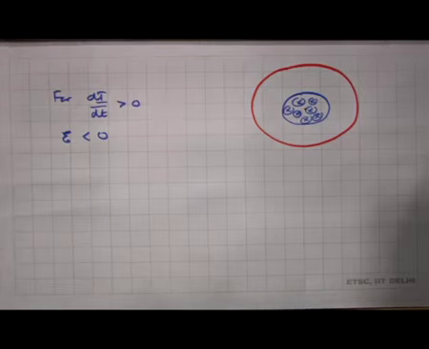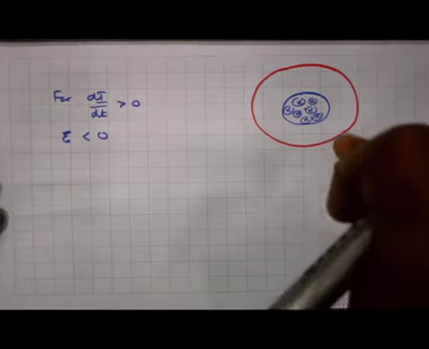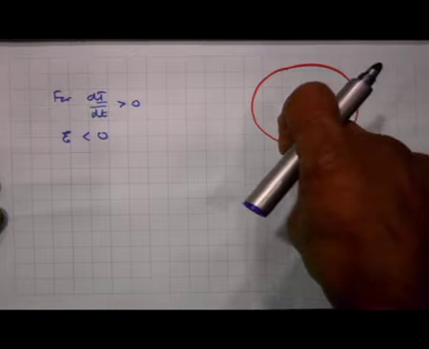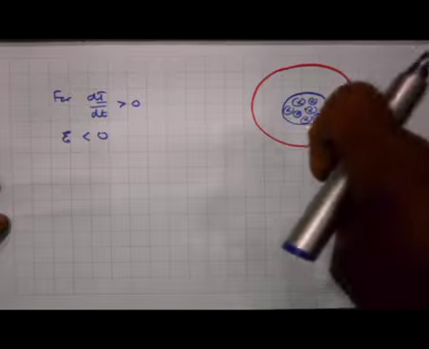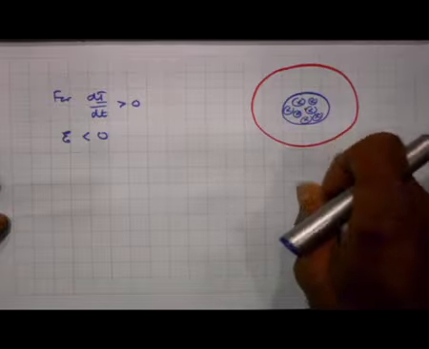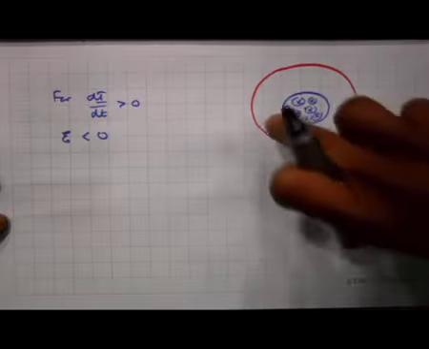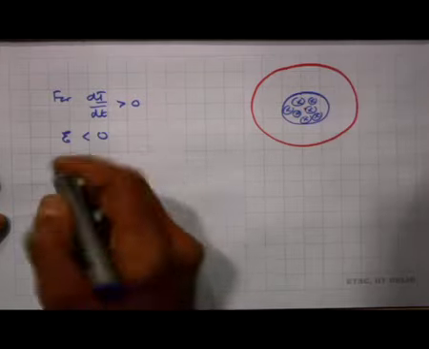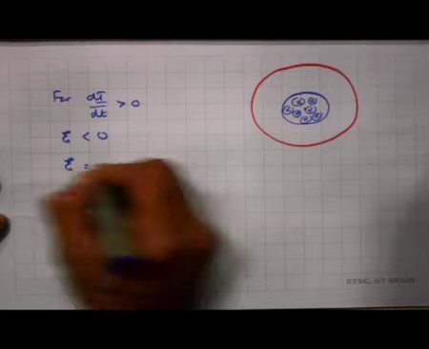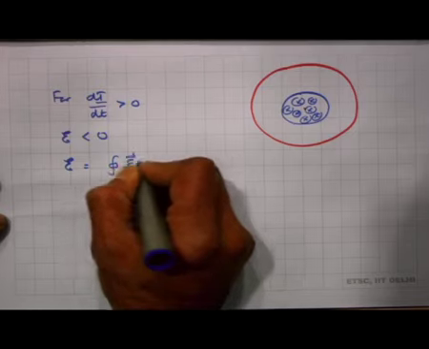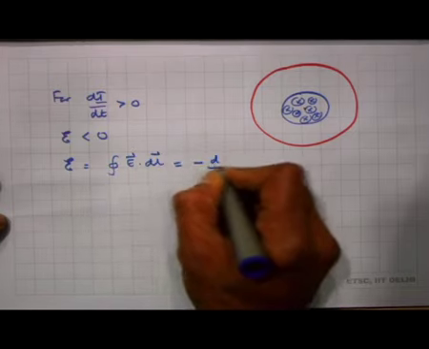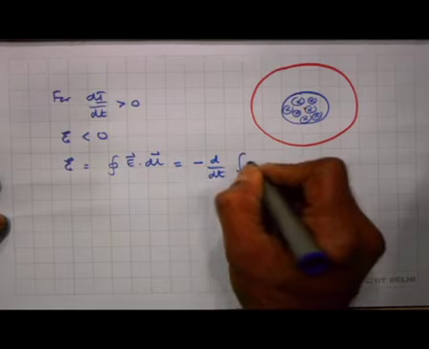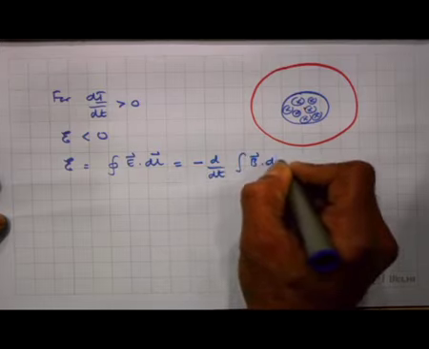Now, please remember, the magnetic field is pointing downward. So, if I have defined the flux as positive, the integration loop must be in this direction, because the magnetic field is pointing downward. In this equation, EMF is equal to integral E dot dl is equal to minus d by dt of integral B dot dA.